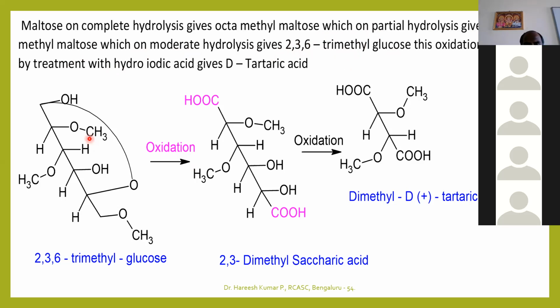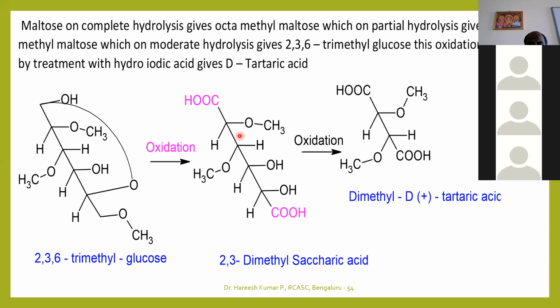That means this is the one. Then there is an oxidation. It will oxidize the anomeric carbon atom into carboxylic acid, and similarly this group is oxidized to carboxylic acid. The obtained one is called 2,3 dimethyl saccharic acid.